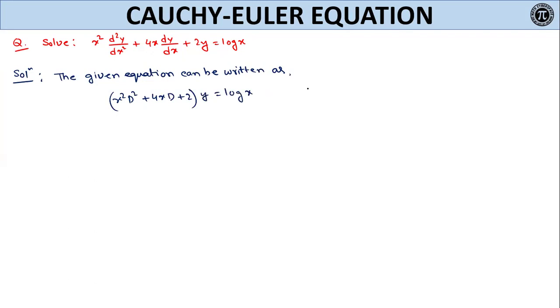Yes or no? Obviously you can see that the right hand side is non-homogeneous, so you have to find both the complementary function and the particular integral.